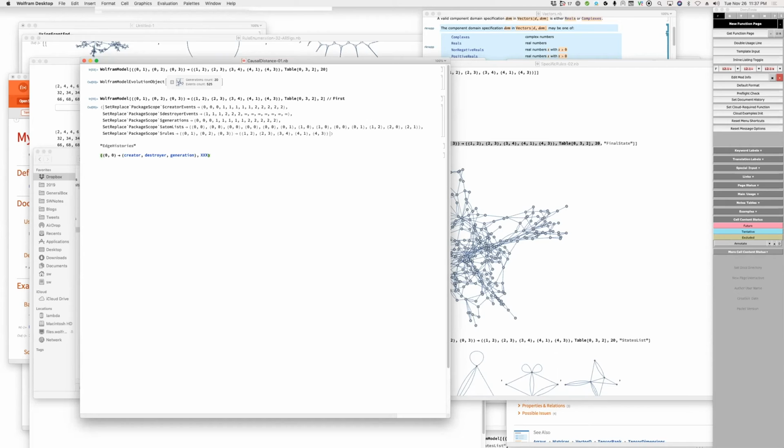Let me look at what happens here. These are kind of separate. I think it's very reasonable to have creator and destroyer events lists, but then generation should be a separate property. Okay, well, hold on a second. This is a different thing, this list of edges. Don't we have something like an all edges list?